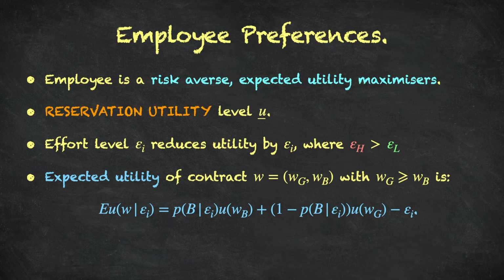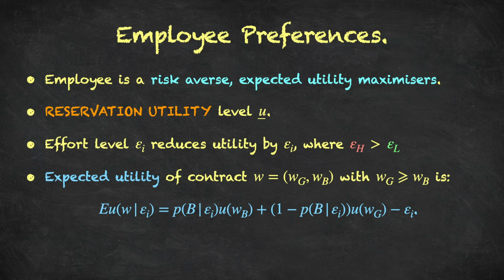Instead of assuming that the employee has an endowment to trade, we're going to imagine that they have a level of reservation utility, which we'll denote underline U. So reservation utility is essentially the level of utility that this employee can guarantee when they don't accept the wage contract. Okay, so perhaps they have an offer somewhere else, and the employer is going to have to beat this offer before the employee actually comes to work.